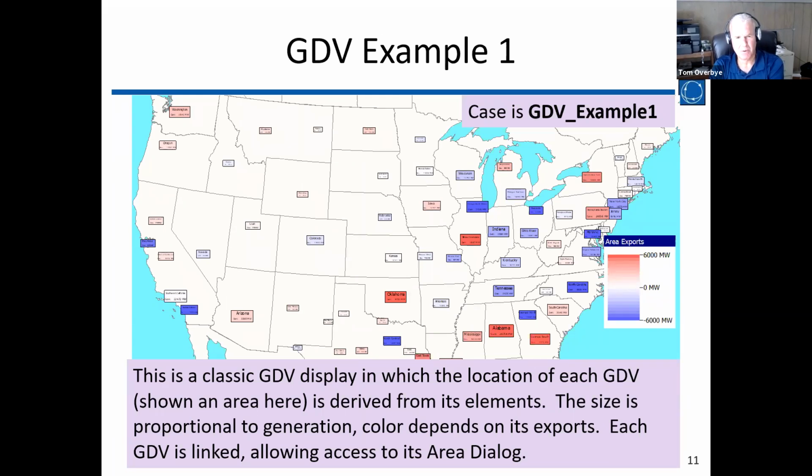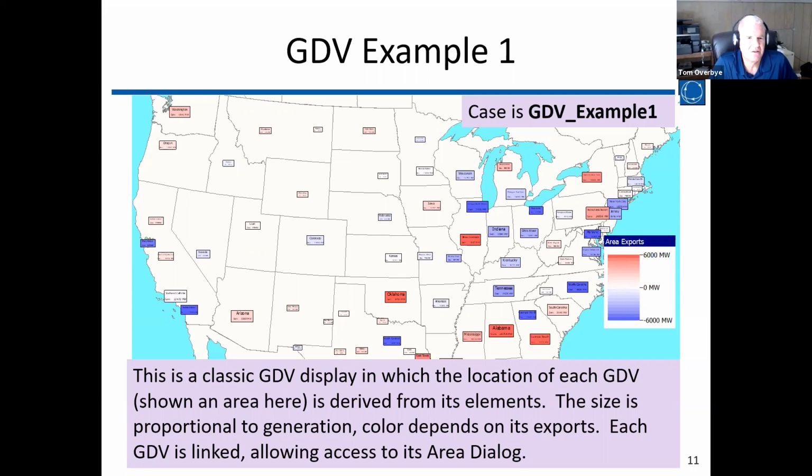This first example is what I'd call a classical GDV display. It's based on the 82,000 bus grid, and in that grid, every bus is mapped to a substation, and the substation has geographic information associated with it. And then we've got the system divided into operating areas.